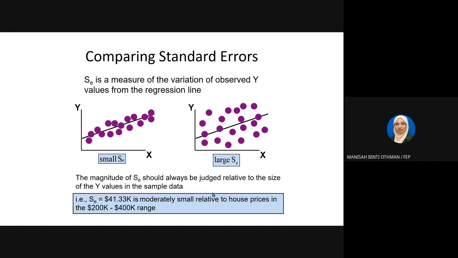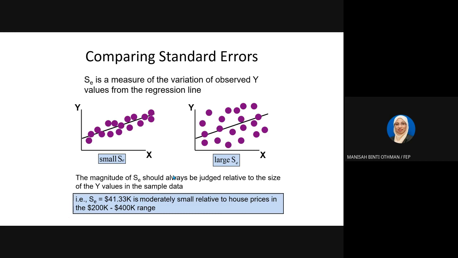The variation is only 41,000, meaning the average difference between the house price and the regression line is about 41,000 only. So it's quite small. If the variation in SE is quite high, let's say you get 100k, then it means that the equation cannot really be used to predict the future.